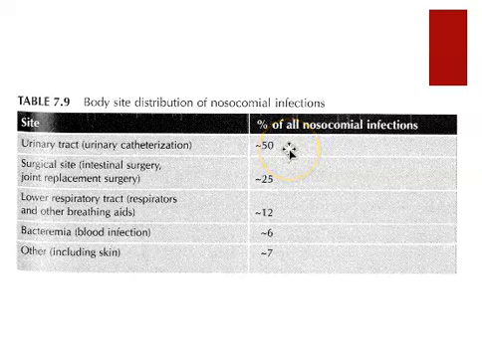About half of all nosocomial infections involve the urinary tract. When people are in the hospital, they often have to be catheterized so that they can urinate easily through the catheter. Unfortunately, that catheterization process and the fact that urinary catheters are often left in place for a while both contribute to the development of urinary tract infection with nosocomial pathogens.